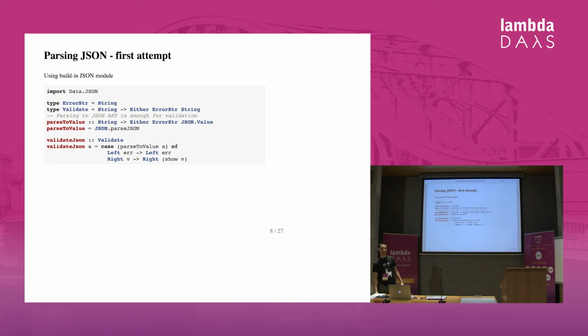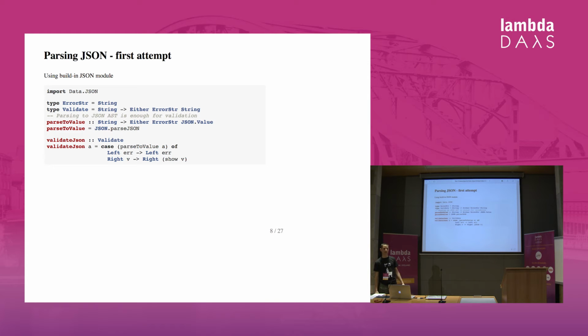The function parse to value looks quite dummy, because it just equals another function, but I have reified the return type because the original parse JSON function is more powerful. It can parse a string to many different types.